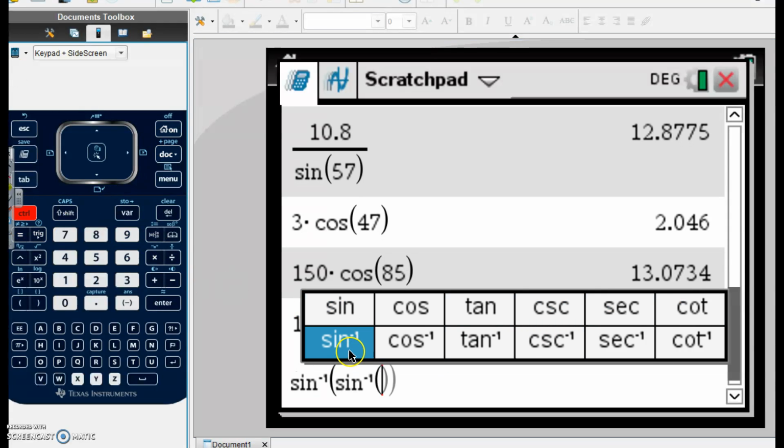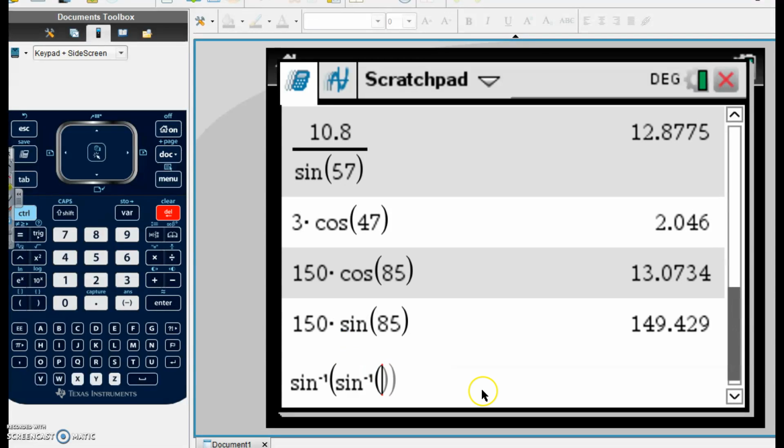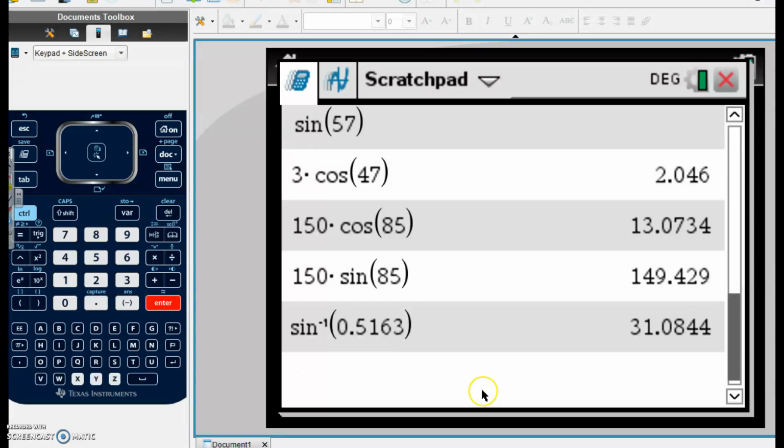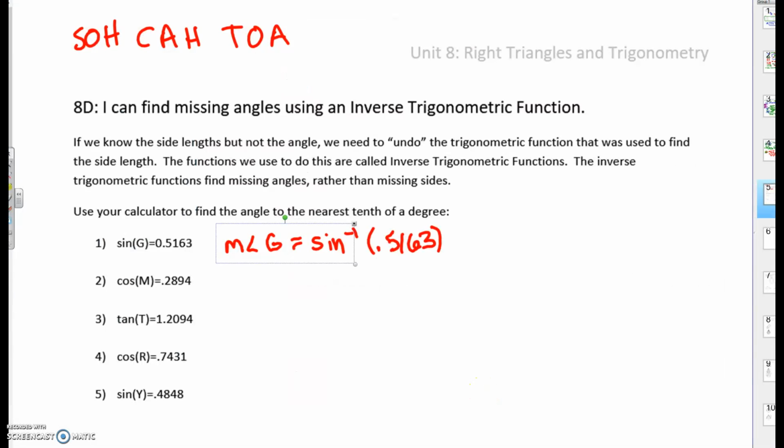Sine inverse of 0.5163. And that tells me that if I have a ratio of 0.5163, the angle measure is 31.1 degrees. So that means that the measure of angle G equals 31.1 degrees.